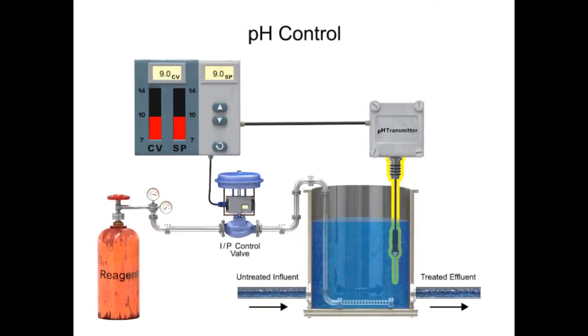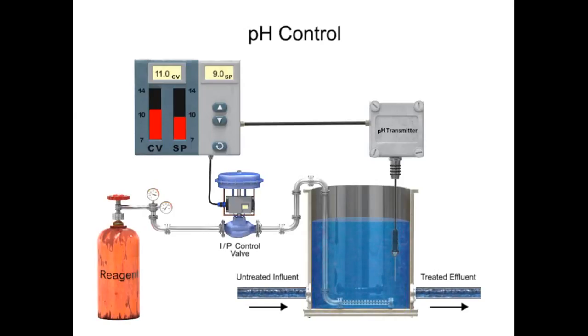The sensor is the feedback device to the controller where the set point is compared to the control value. If the values are not equal, the controller sends a signal to the control valve that applies carbon dioxide to the tank. The reagent is applied to the tank at varying rates to precisely control the pH level.